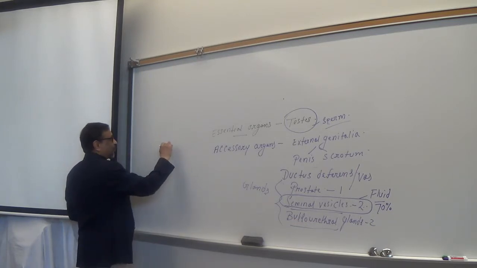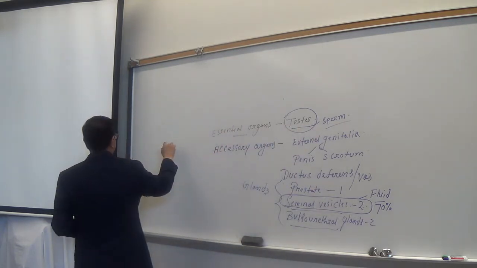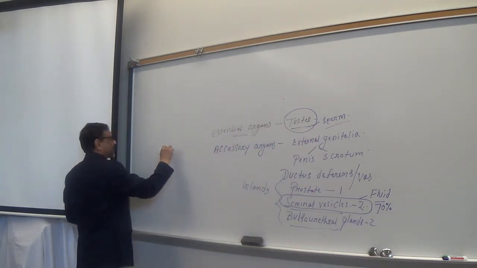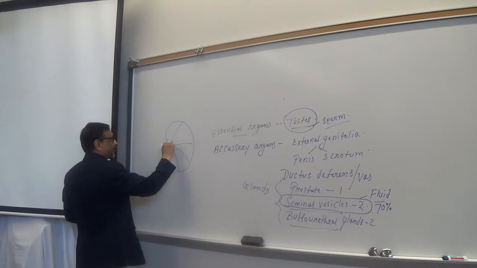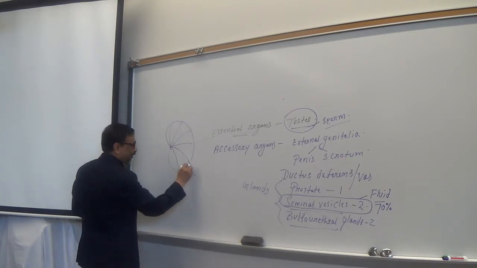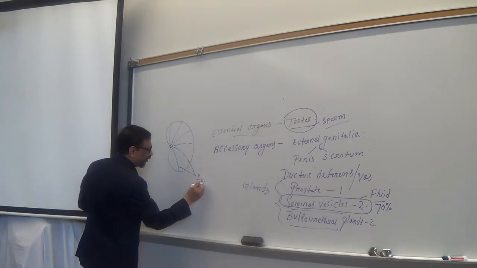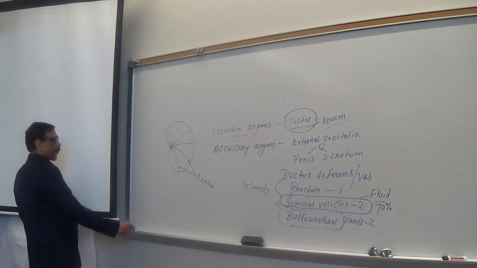Now, where inside the testis are sperm produced? If you see inside the testis, there are lobules separated by septa. These are called septa. Septum is singular, septa is plural.